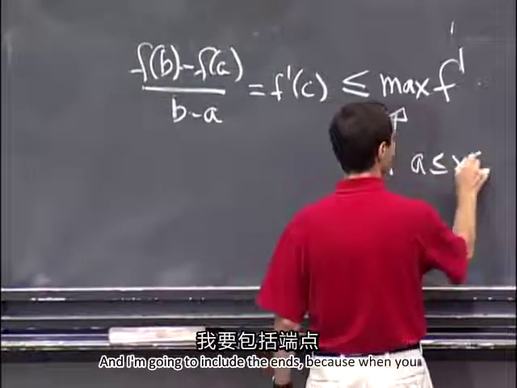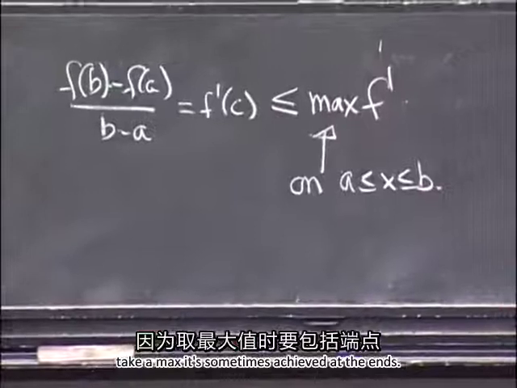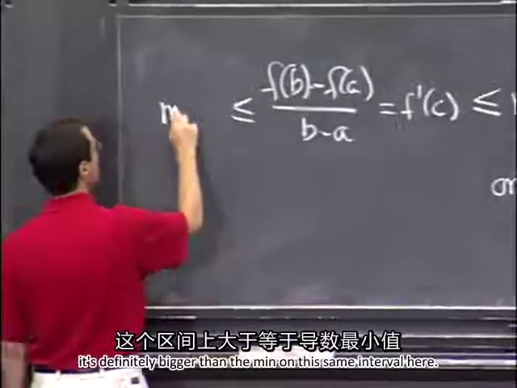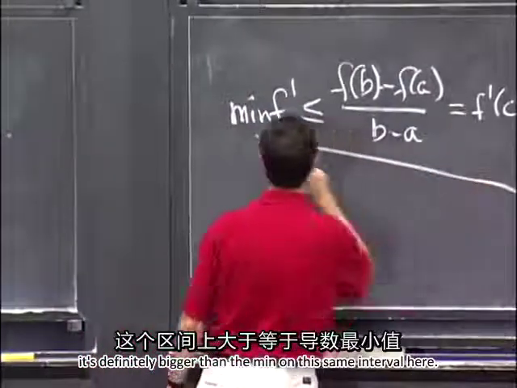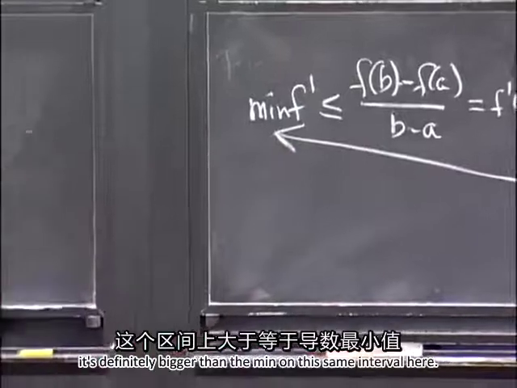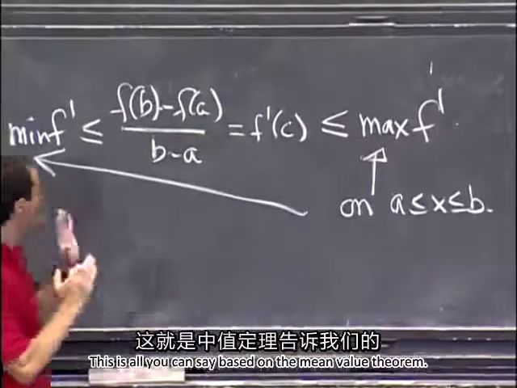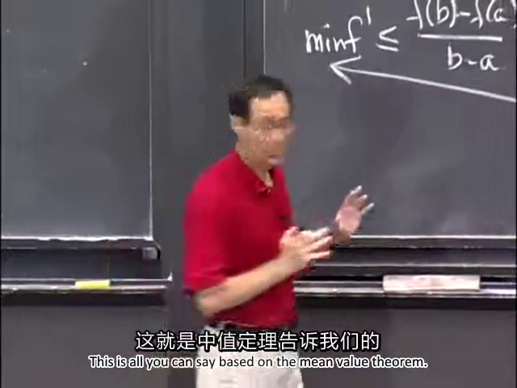And I'm going to include the ends, because when you take a max, it's sometimes achieved at the ends. And similarly, because it's f prime of c, it's definitely bigger than the min on this same interval here. This is all you can say based on the mean value theorem.